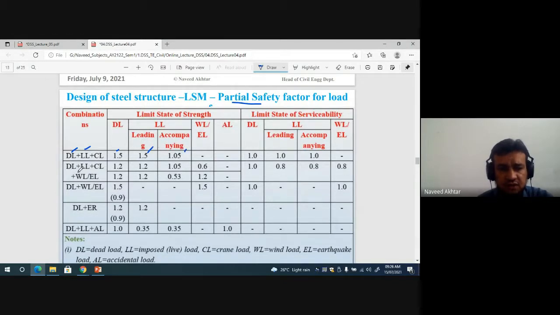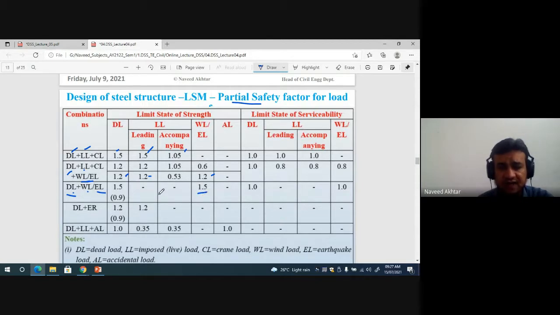And if dead load, live load, and earthquake or wind load are there, their factor of safety is 1.2, 1.2 and 1.2. If dead load and earthquake load, or dead load and wind load are there, then the factor is 0.9 or 1.5 times for the wind load or earthquake load.